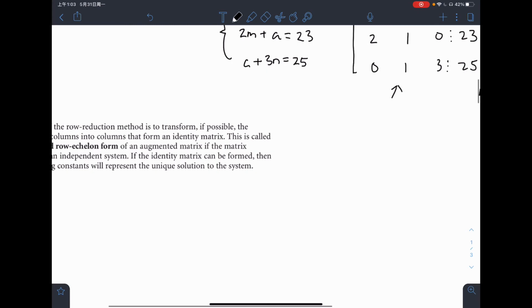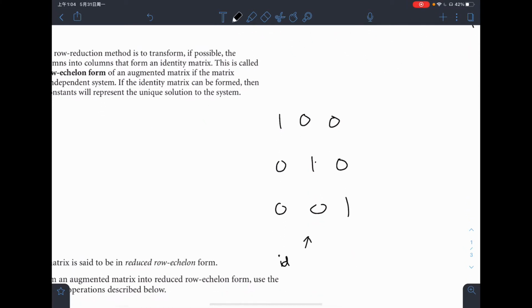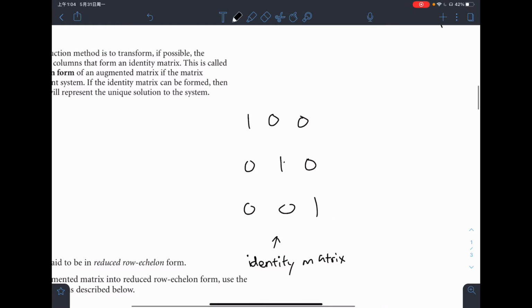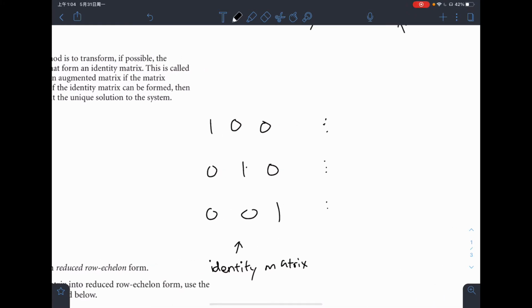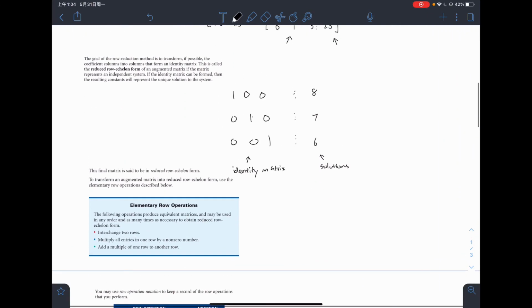So the identity matrix would be 1, 0, 0, 0, 1, 0, 0, 0, 1. And on the right side are the solutions, which are 8, 7, and 6. The final matrix is said to be in reduced row echelon form.